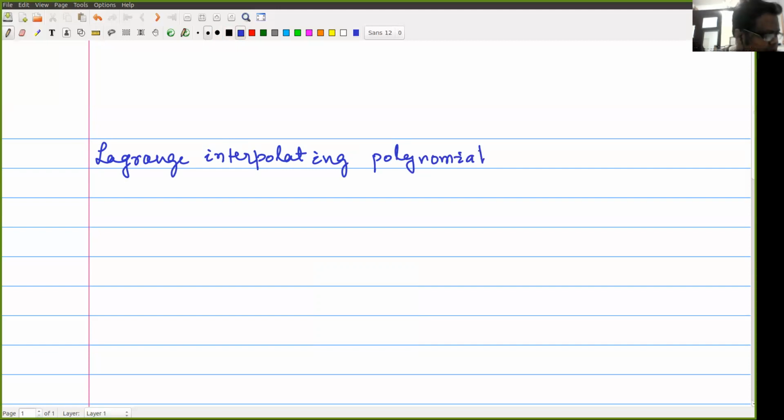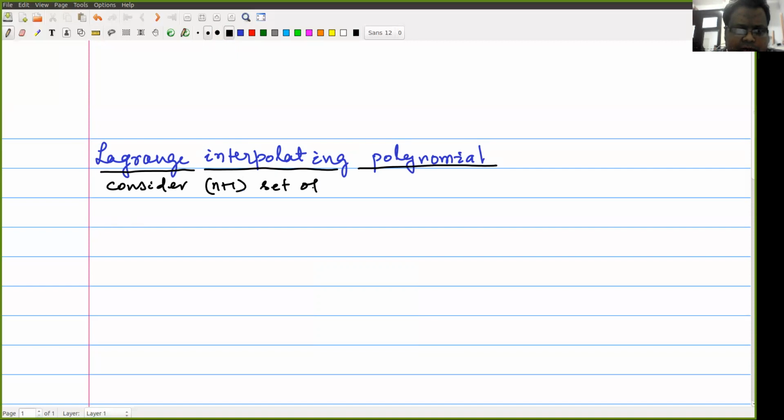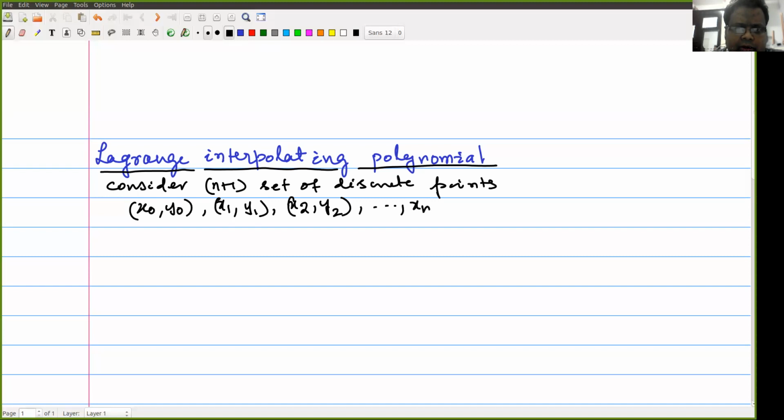Consider n plus 1 discrete points: x0 y0, x1 y1, x2 y2, up to xn yn. Here each yi is equal to f of xi.